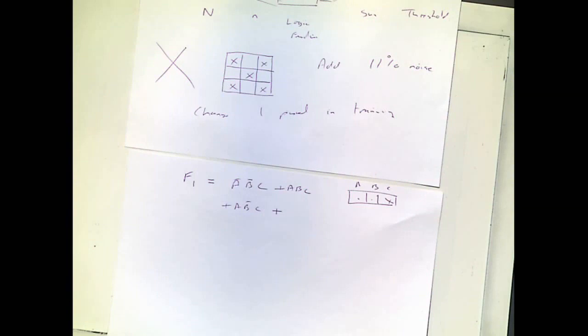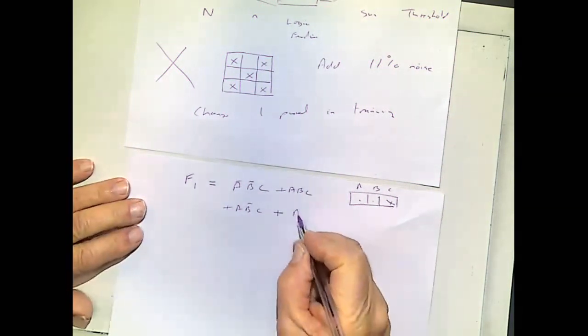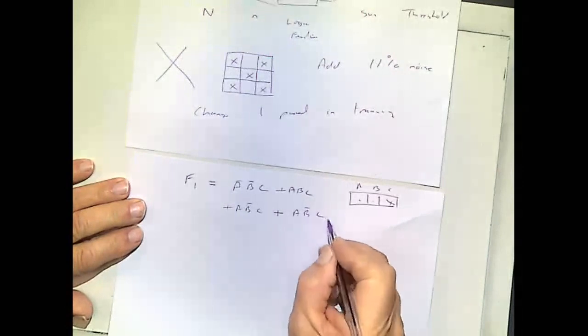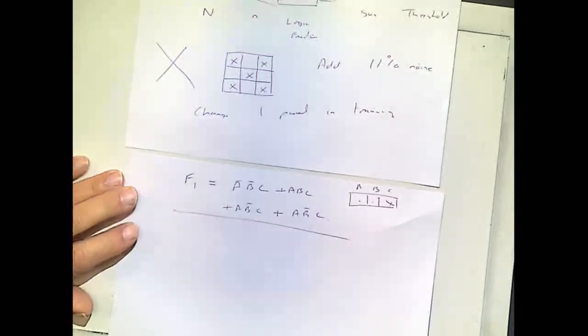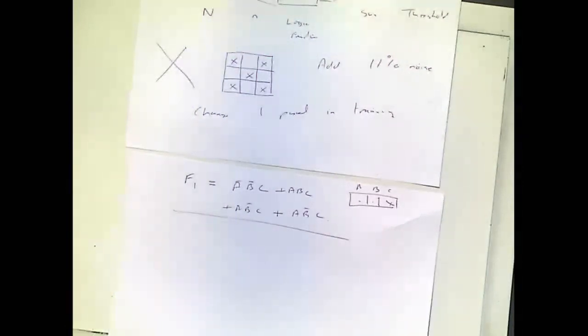If the pixel is elsewhere, what is the last term going to be? A, not B, C. A and not B and C. So that is the logic function for F1, which will recognize the top row, the top interval of the training pattern with 1 pixel noise added.